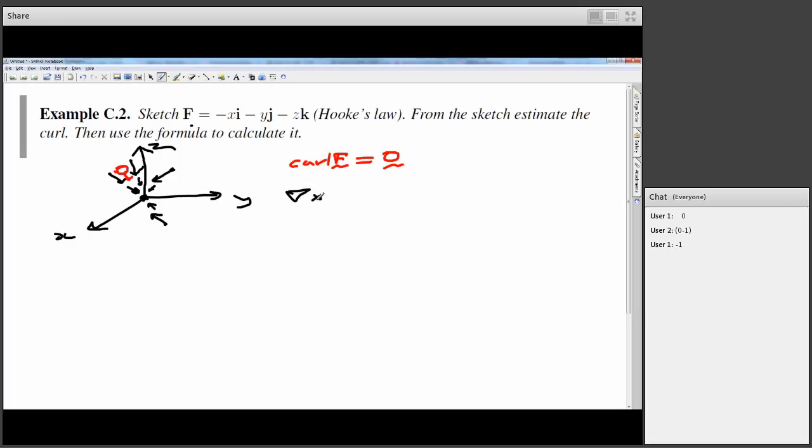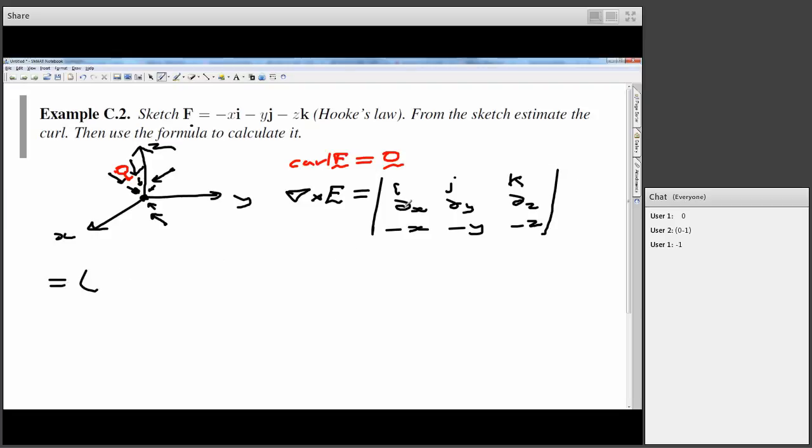So the curl, again, is a cross product: i, j, k, the partial differential operators, and the vector field, which is minus x, minus y, minus z. For the i part, that'd be del y of minus z and del z of minus y.